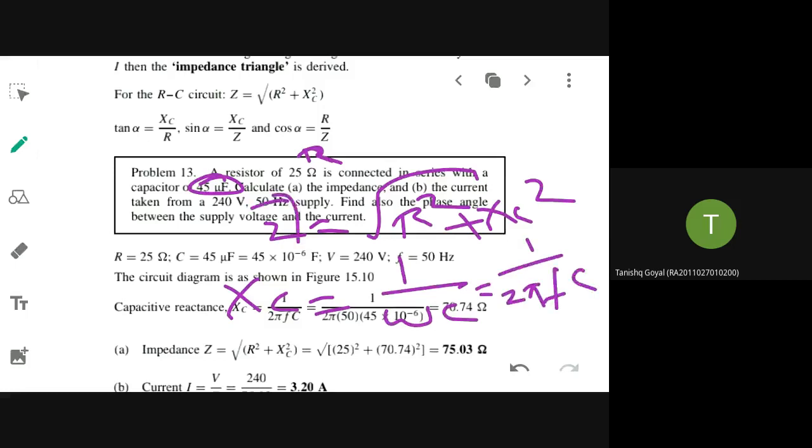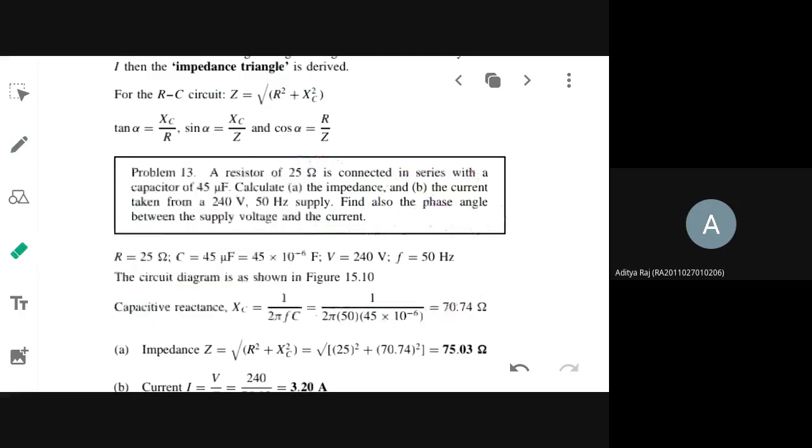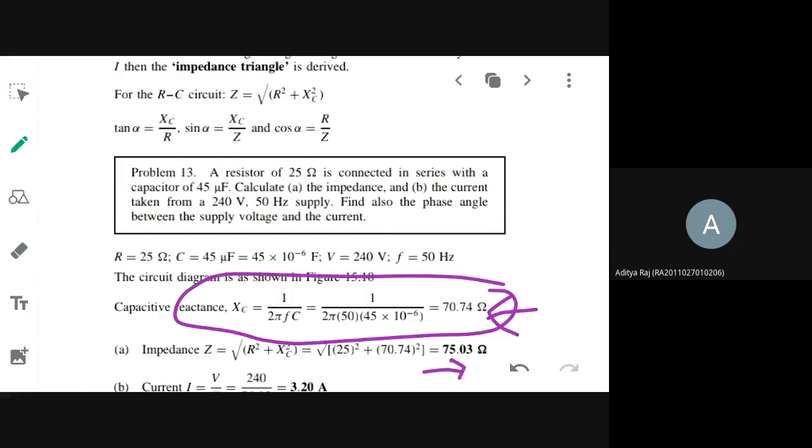So tell me what is impedance? Okay, you got 70.74. That is your capacitive reactance. What about impedance? Z is equal to 75.03. Then what is next?